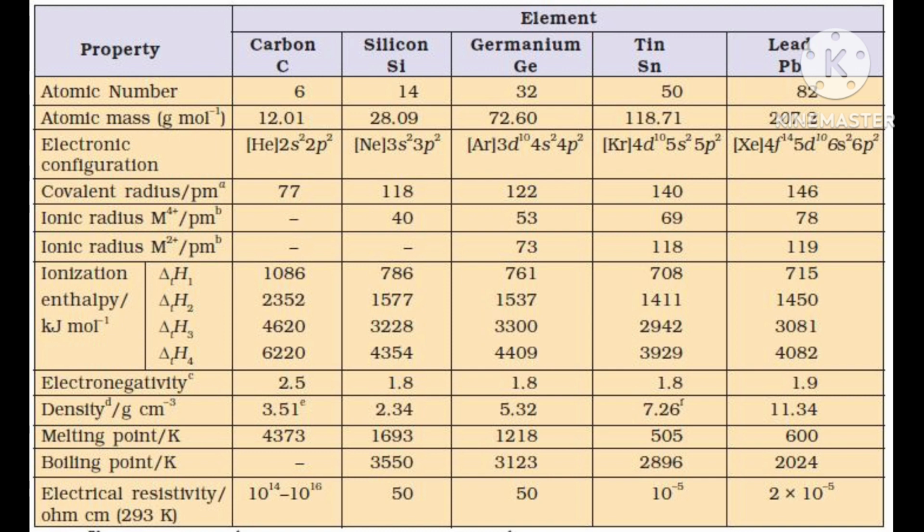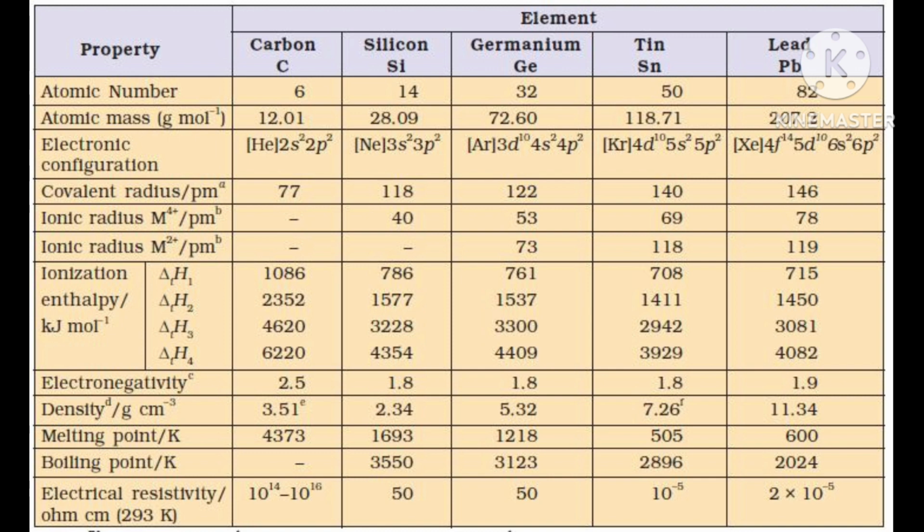This question is asked, that's why I have told you more about this. The relative stability of these two oxidation states varies down the group. Carbon and silicon mostly show the +4 oxidation state.